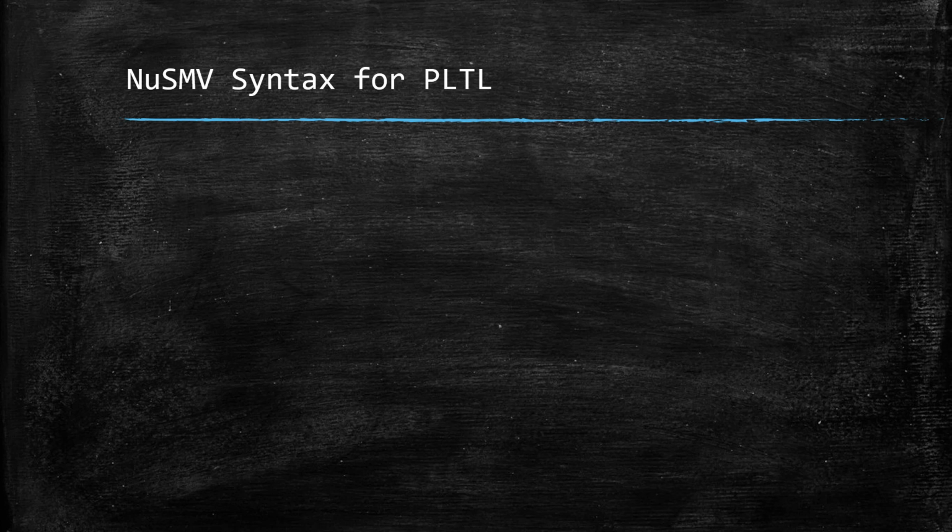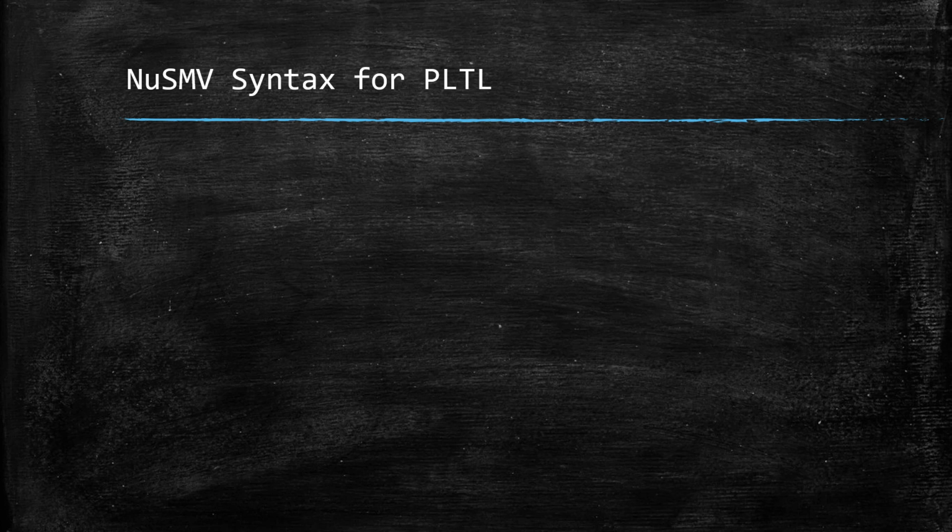Okay, so we are going to use NuSMV for writing both a specification and giving input to it as the formal model. So we should be familiar with which syntax NuSMV follows to express these LTL properties, or linear temporal logic properties.